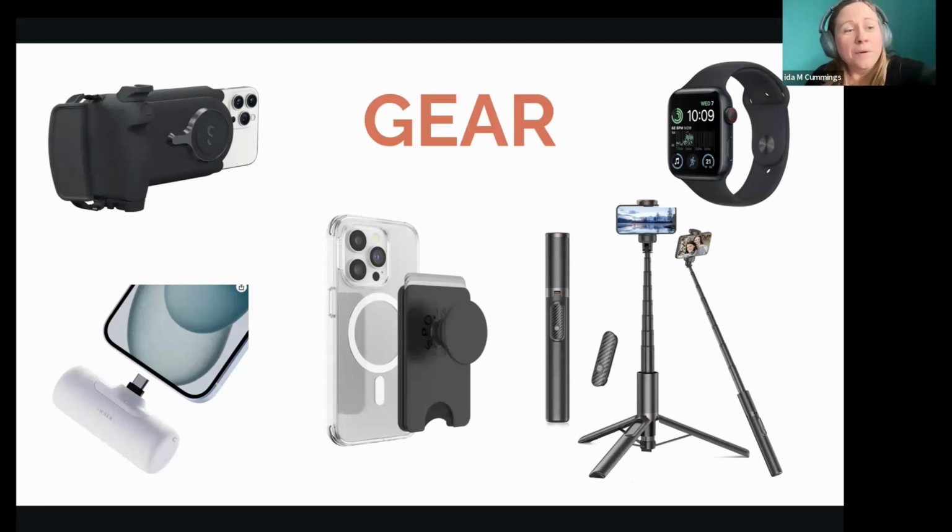And then if you want to get really fancy, this is the next level. One of these is $200 and it's a grip that you get for your phone. What it does is you can pop your pop socket off and put it in here instead.